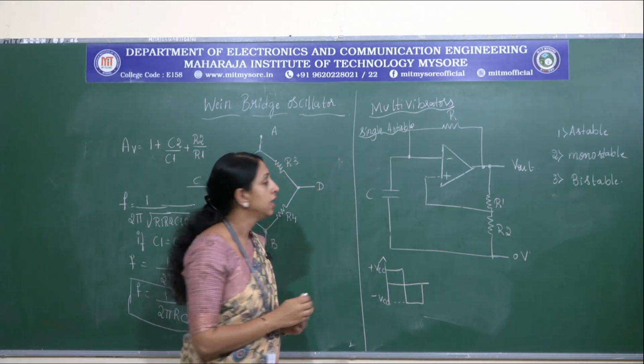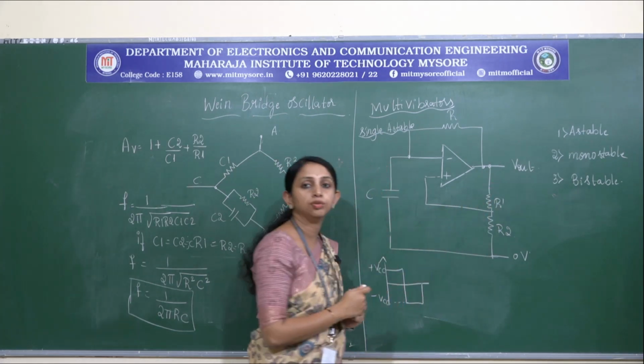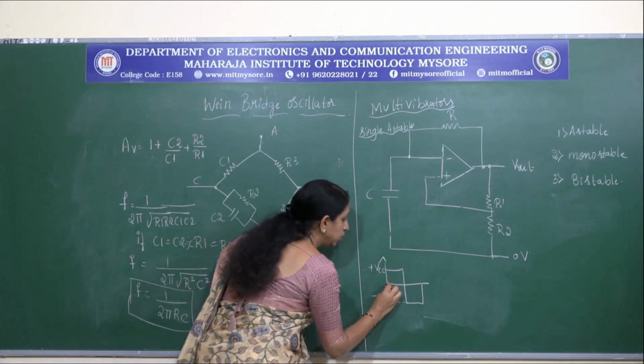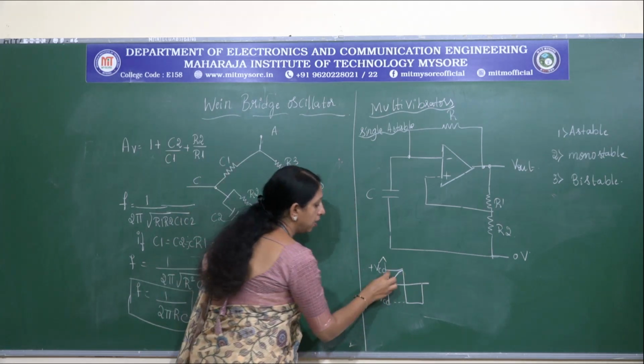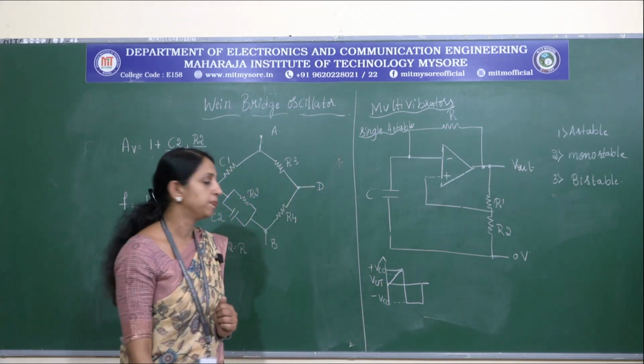In that case, the output voltage will rise to plus VCC like this, and this rise is called the upper threshold.